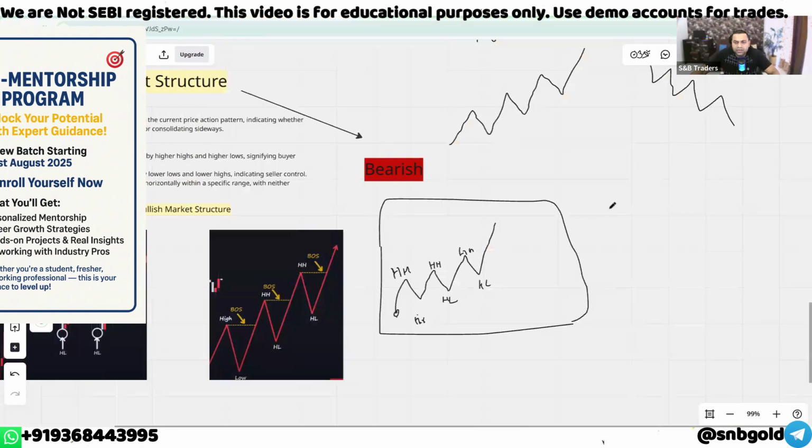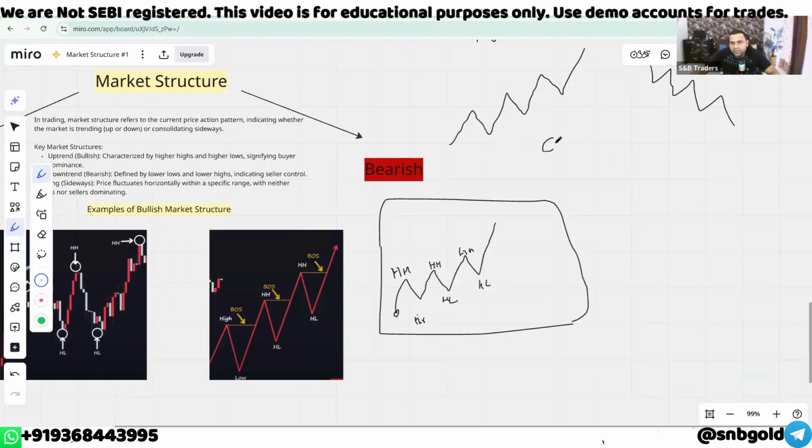Let me just write them down for you. So the first one is change of character. What does this mean? That the price has changed from bearish to bullish, or from bullish to bearish.